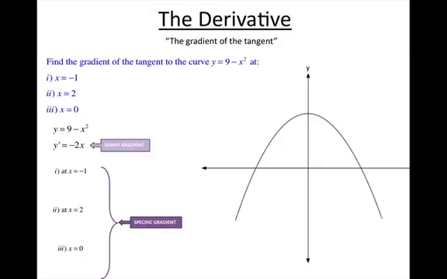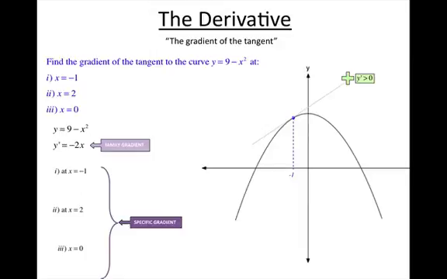If we try sub in x equals negative 1, so we look at our graph, it's at that point. We want to find the gradient of the tangent at that point. So that there's the tangent at that point. If we want to find the gradient, well, we can see just looking at it that that's a positive gradient. In other words, what that means is that the first derivative is going to be greater than 0.